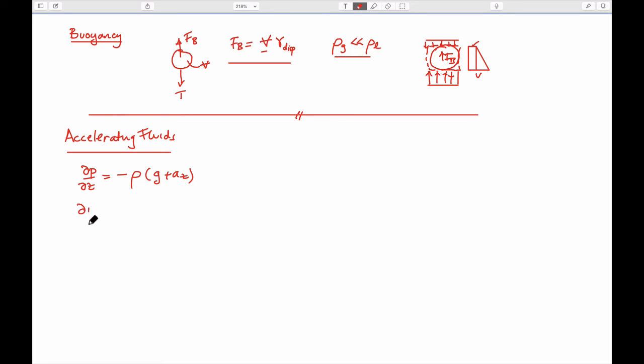And we can individually look at pressures in the horizontal directions, either y or x, which are just given by the density multiplied by the accelerations in those directions.